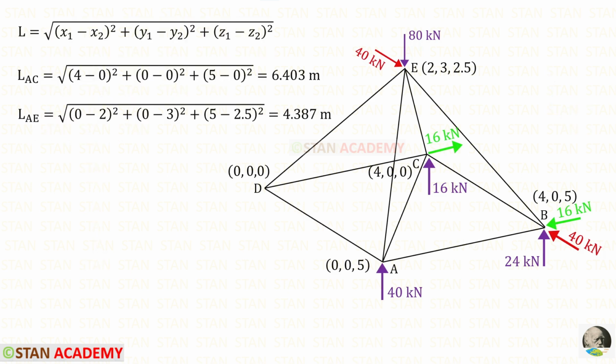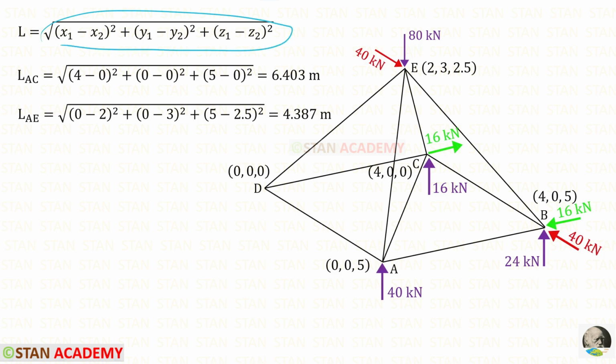We have to find the length of the members. Some of the lengths of the members are given in the question. Length of AB and length of CD is 4 meter. Length of AD and length of CB is 5 meter. To find the other lengths, we can either use Pythagoras theorem or we can use this formula.